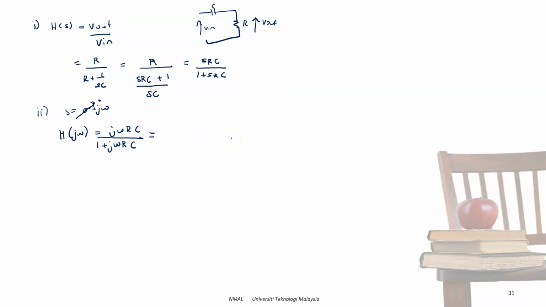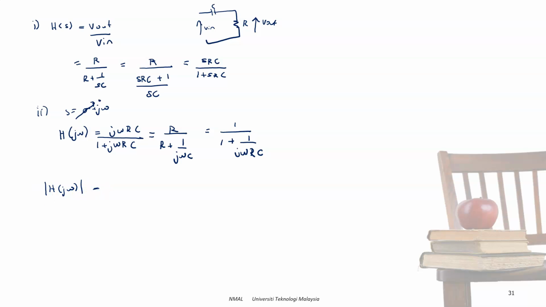Simplify this further, it can become R divided by R plus 1/jωC. So if you want to leave 1 at the numerator, it becomes 1 divided by 1 plus 1 divided by jωRC.